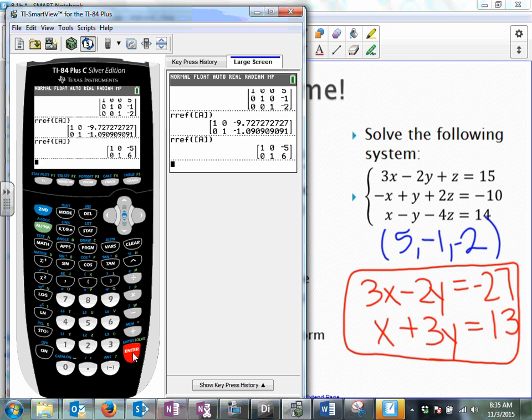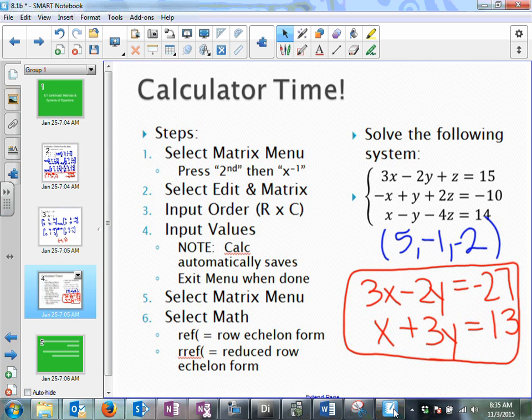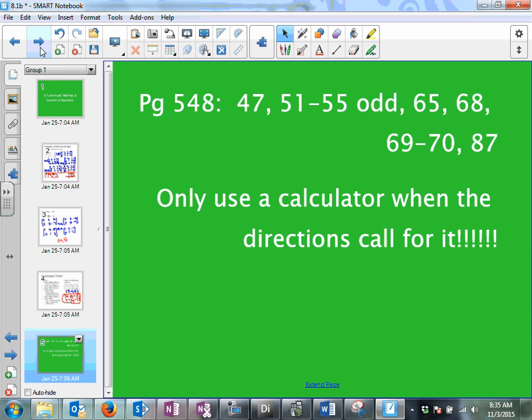Okay. Can I trust you that when it says calculator, you will use a calculator, and when it doesn't, you will not? You need both skills. Okay, so the first half of your assignment, they give you augmented matrices, and you get them into whatever row echelon form they ask.